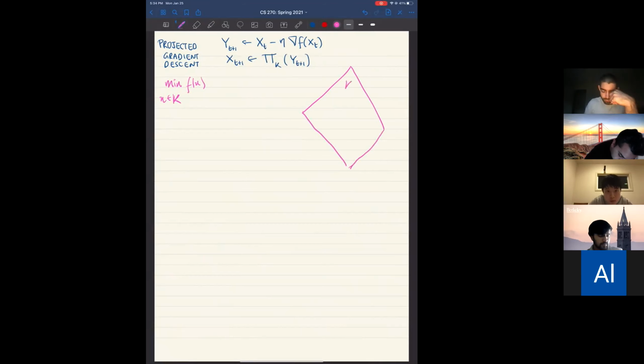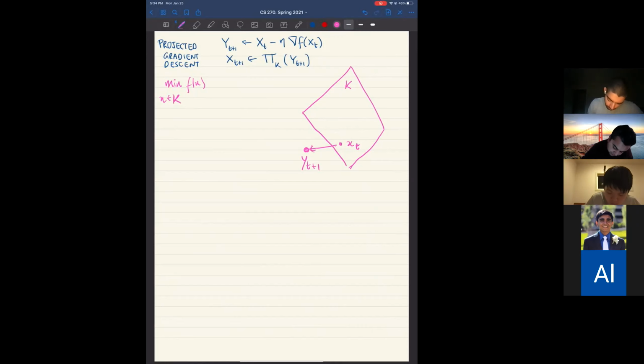So there's a convex set K, and xt is inside, and the projected gradient descent iteration is you add eta times the gradient, you get yt plus 1, which is outside, because this is after you add the gradient.